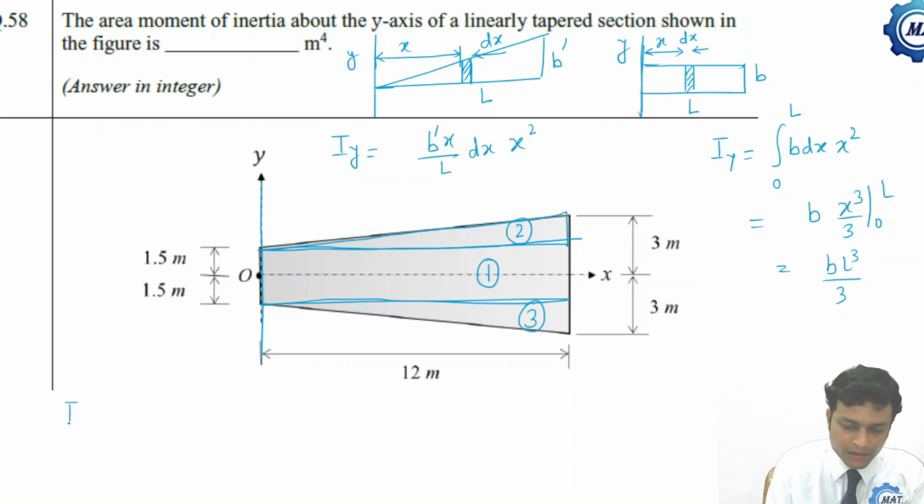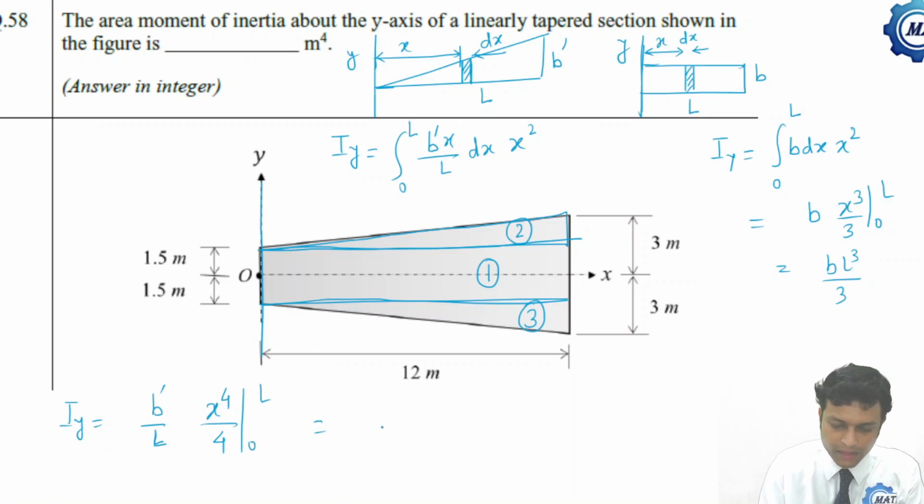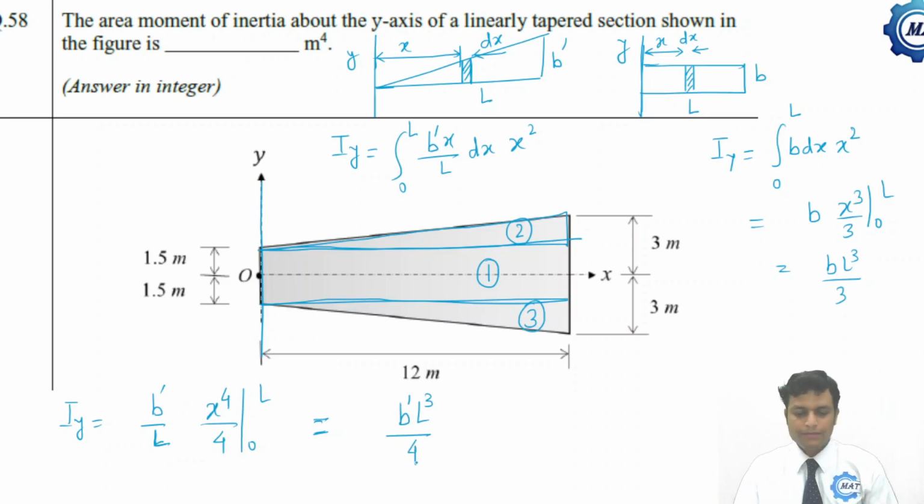So IY is B prime by L, integral 0 to L of x cube, that is x to the power 4 by 4, integral 0 to L. That becomes B prime L cube by 4 for one triangular element.